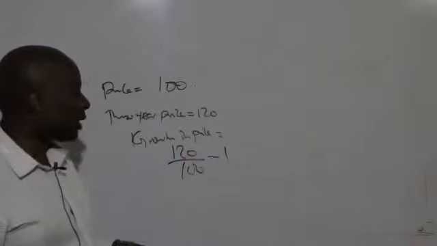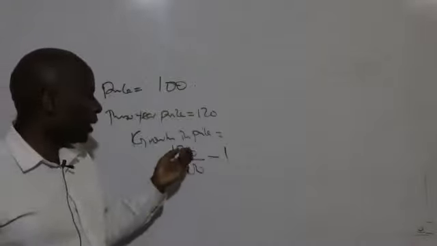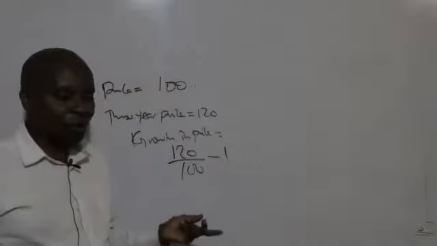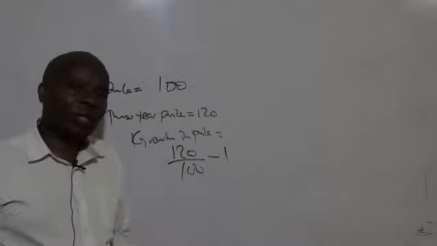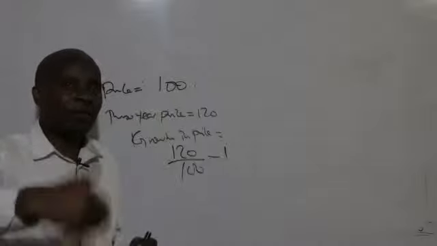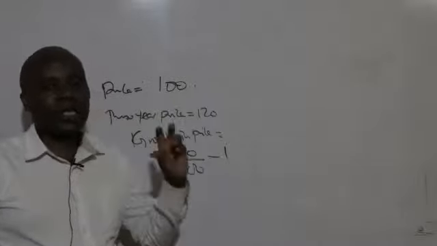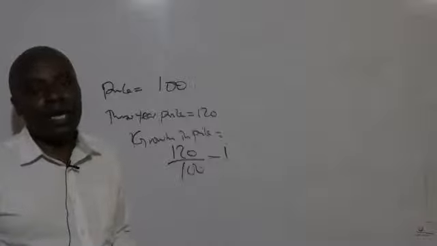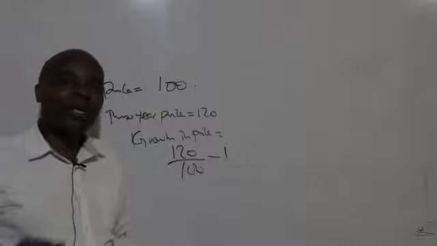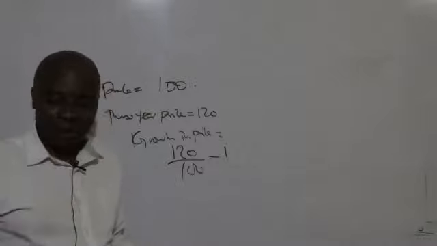So you'll see the final answer being 1.2 minus 1 is 0.2, which is the same as 20%. The same case with our growth rate of dividends. Take the current dividend divided by the oldest dividend. Only that this time around we must take the nth root. But we have to deduct 1 at the end. If you don't deduct that 1, you end up getting an answer which is more than 100%.